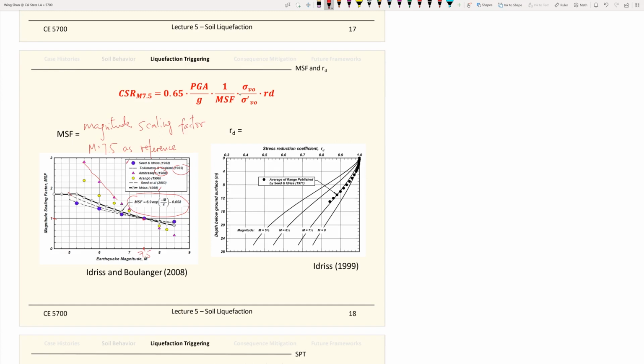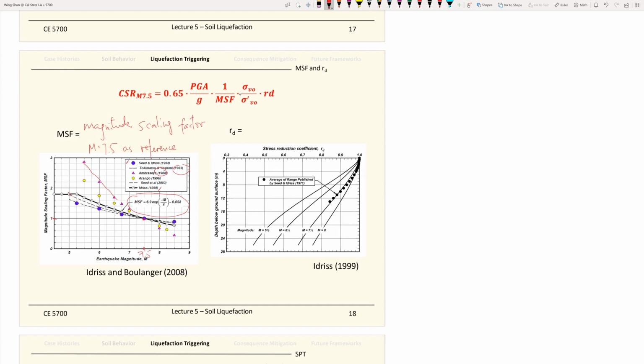So the later developments try to cap it with more reasonable boundaries at either a very small or a very large earthquake. What I want you to get out of this is you understand what the MSF, the magnitude scaling factor, does, and keep in mind those correlations or factors will be updated from time to time, especially when we get more and more significant data from recent earthquakes.